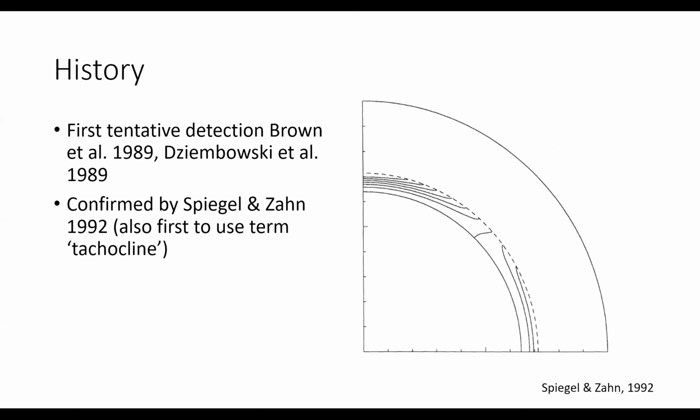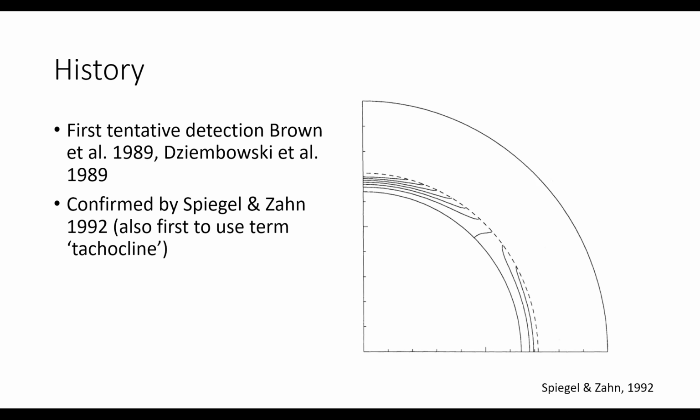Anyway, very quick history. The first suggestions that there was a tachocline region at the base of the convection zone were in a series of papers in the late 80s. But the first real confirmation was Spiegel and Zahn in 1992. And that was also the first paper to use the word tachocline.